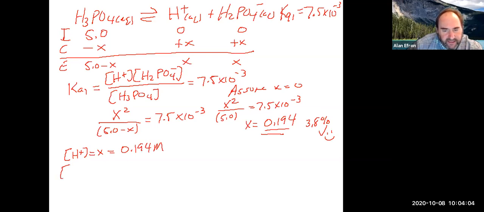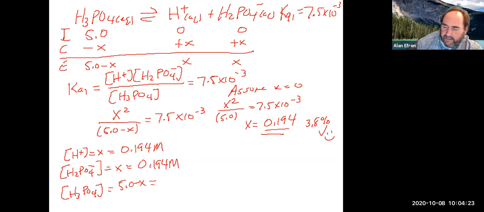We also see that the H2PO4 minus concentration also equals X, which would be 0.194 molar. We also know that the phosphoric acid would equal 5 minus X, which would be 5 minus 0.194, looks like 4.81 molar.